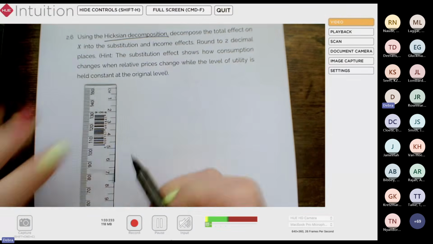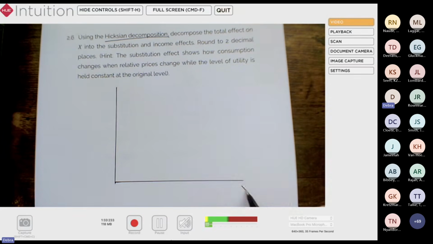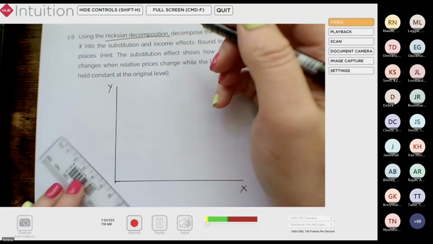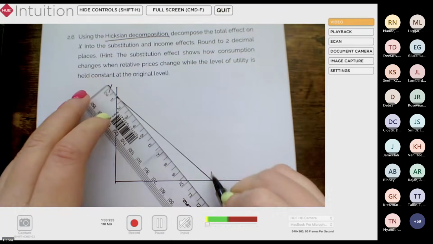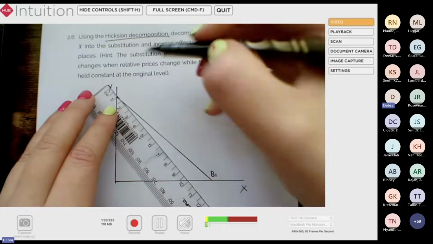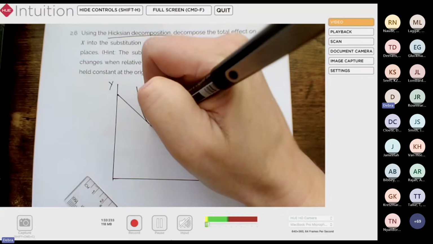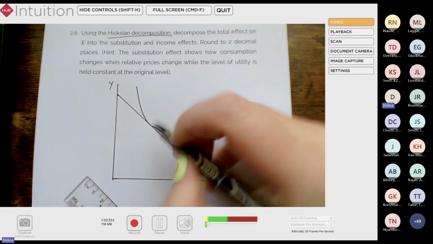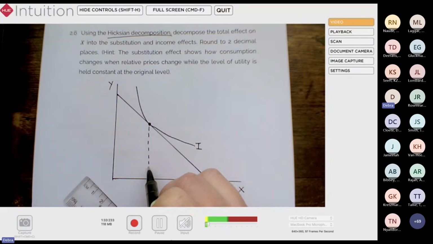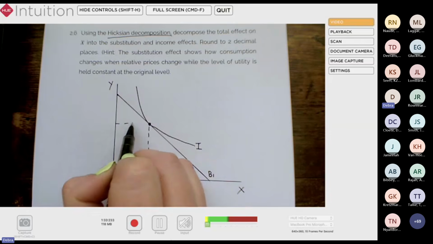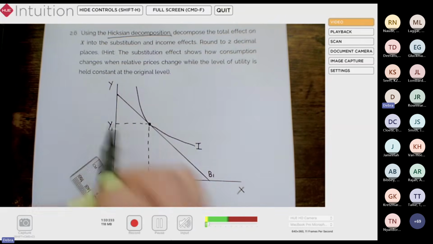Okay, so let's say we have our two products, X and Y, and we have some initial budget constraint, budget line 1, and we are initially optimizing by finding a point of tangency between this budget constraint and the highest attainable indifference curve. And so we optimize by consuming X1 and Y1.